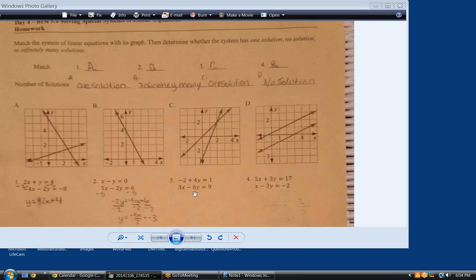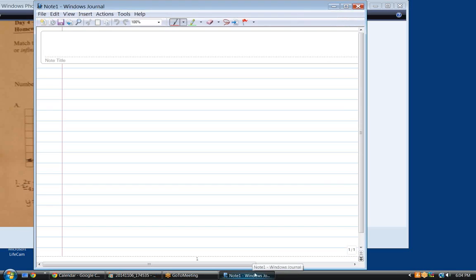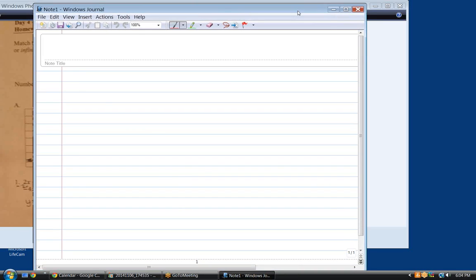If we do the same strategy, what do we get? 4y equals... That's a horizontal line. I don't see any horizontal lines on there.